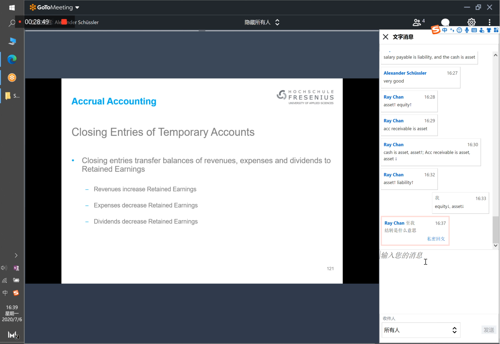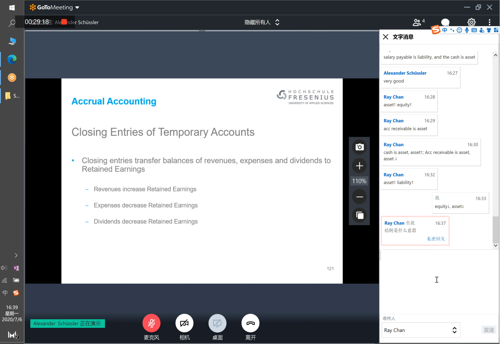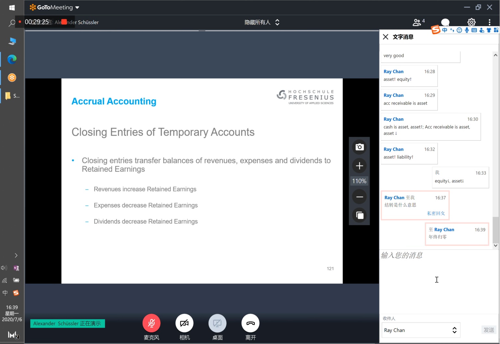So closing entries transfer balances of revenue, expenses, and dividends. For these temporary accounts, they have to be closing entries. They transfer the balances into retained earnings, and then these accounts start with 0. That is also why I say that revenues and expenses are essentially equity accounts.